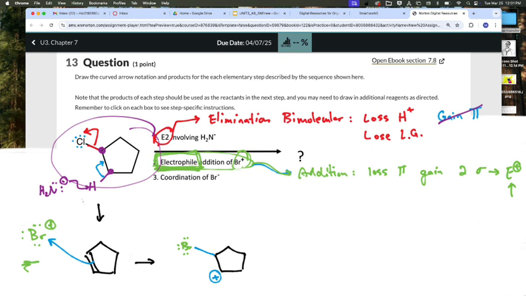So what happens in the next step? I have Br minus. And what happens? I take the electrons from my minus and I share it with the positive. And what do I end up with? And I now have the final system.